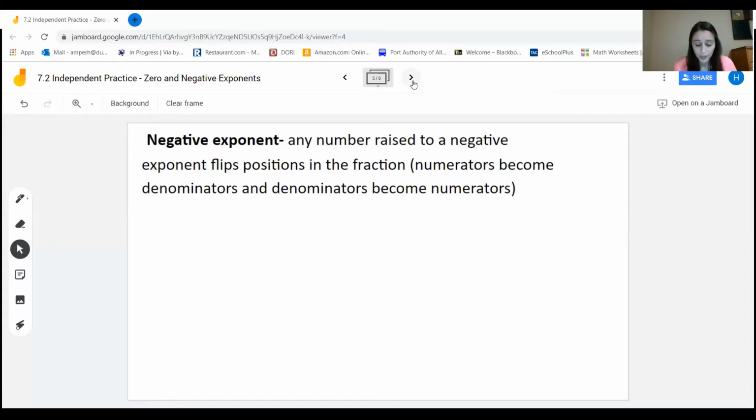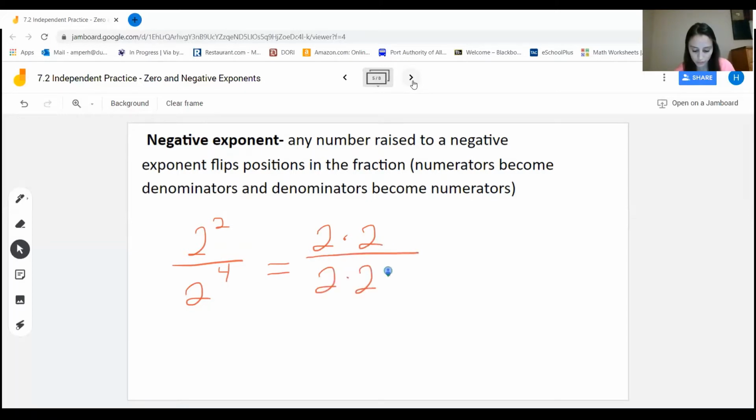So when we have, let's say 2 to the 2 on top, but 2 to the 4 on bottom, then we would actually end up, if we wrote this all out, if we expanded it, 2 times 2 on top, 2 times 2 times 2 times 2 on bottom, right? 4 2's on bottom. And if we want to cancel out some of those 2's by reducing them to 1, we cancel out 2 sets of 2's.